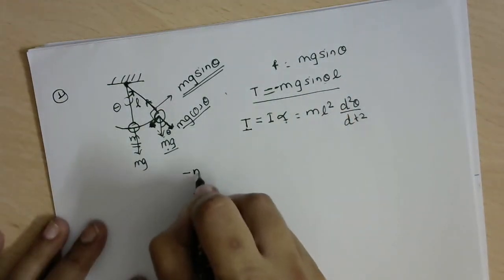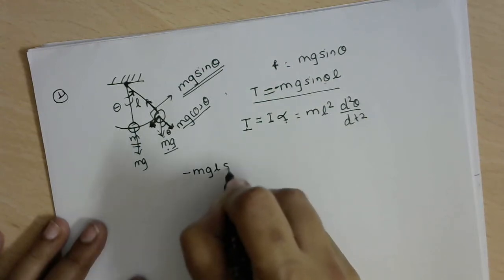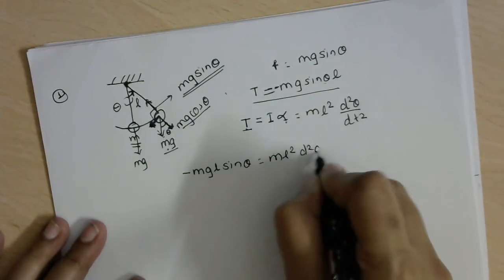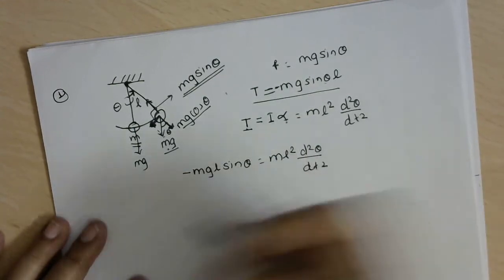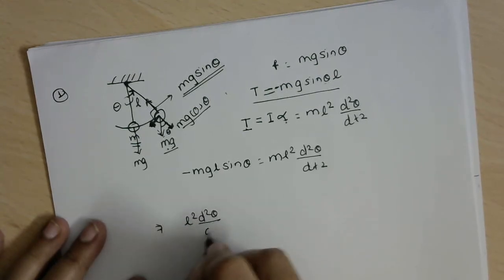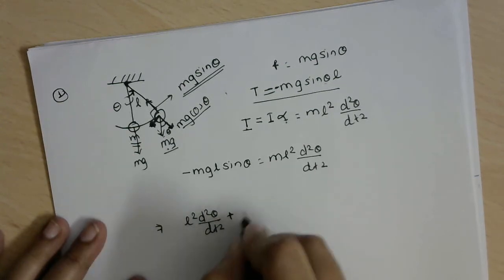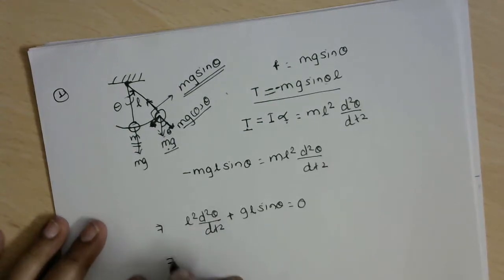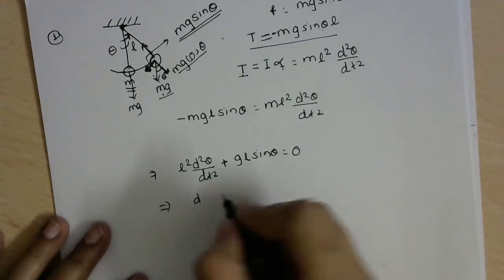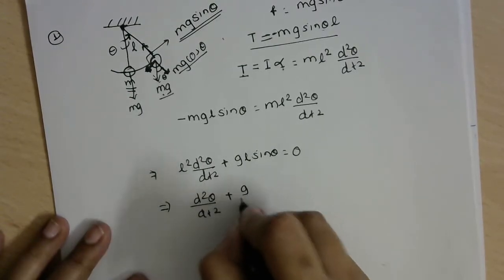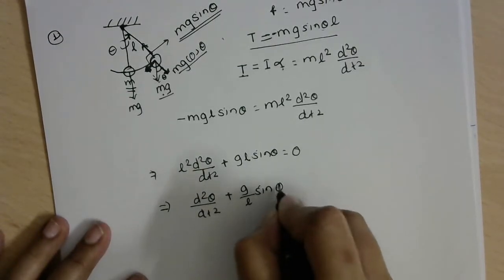So I can write minus mgL sine theta is equal to mL square d square theta by dt square, which essentially means L square d square theta by dt square plus gL sine theta equal to 0, or in other words d square theta by dt square plus g by L sine theta equal to 0.